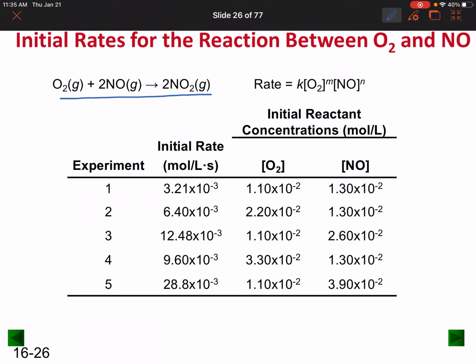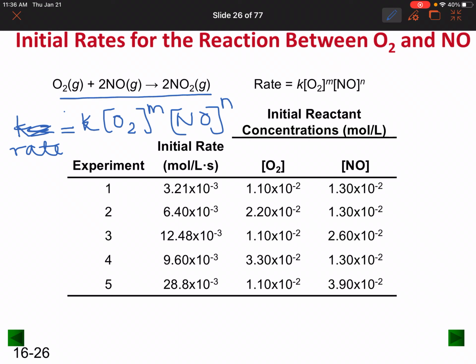Now you should also be able to write the rate: rate equals k, oxygen to the m and NO to the n. So we're going to find out m and n. This is the same thing as over here.